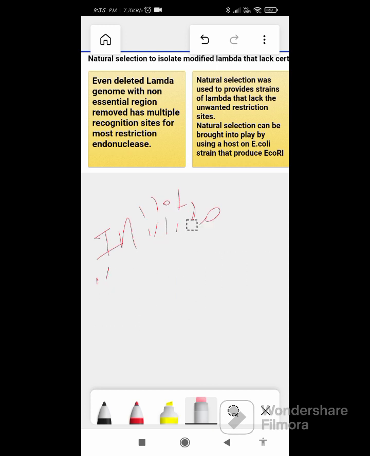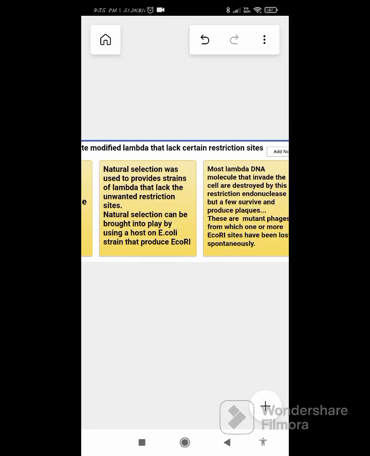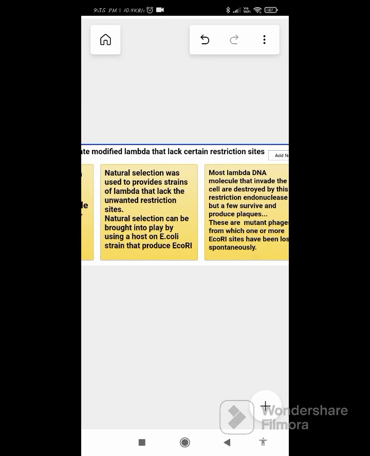So instead, natural selection was used to provide the strains of lambda that lack the unwanted restriction sites.